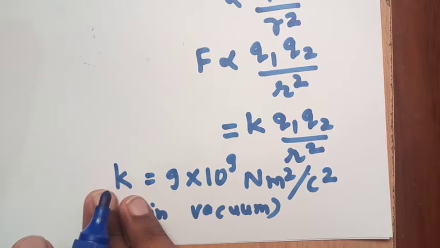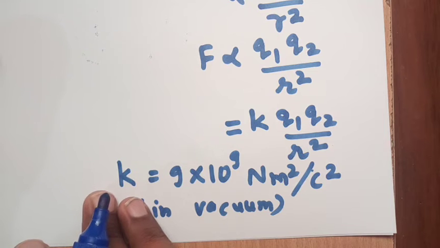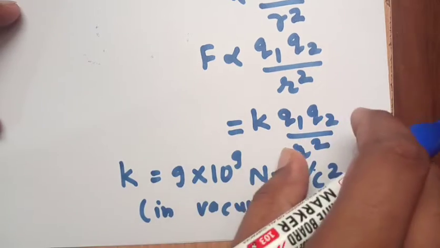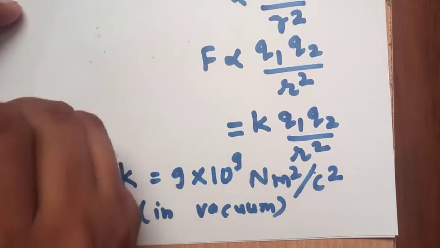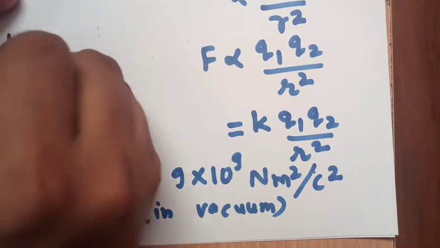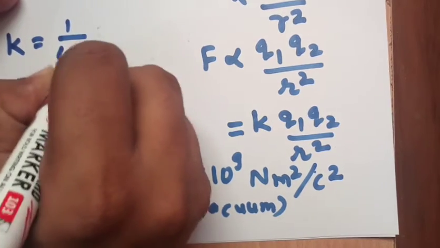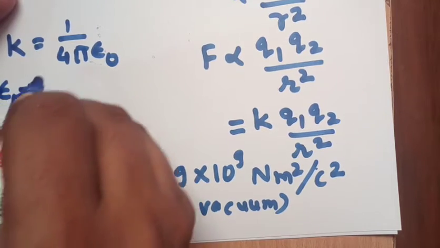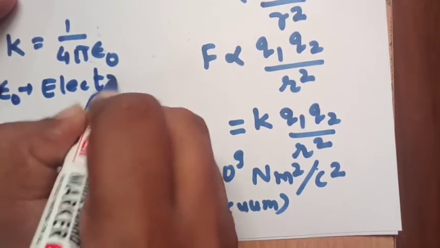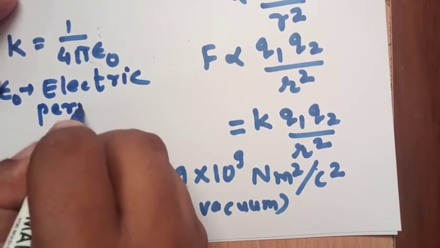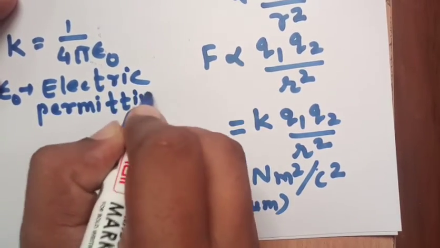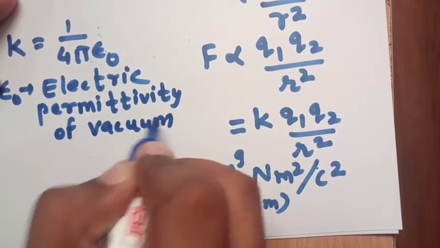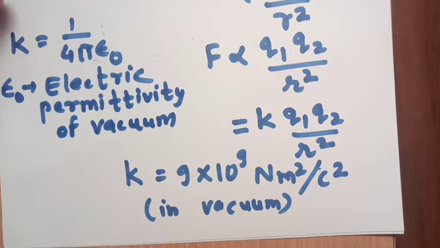They started putting K as 1 upon 4 pi epsilon naught, where epsilon naught is called the electric permittivity of vacuum, and it has a specific value.